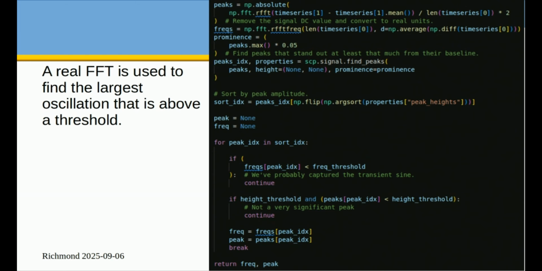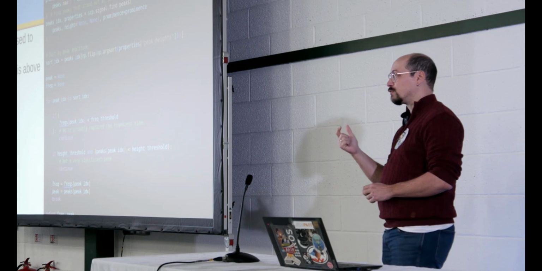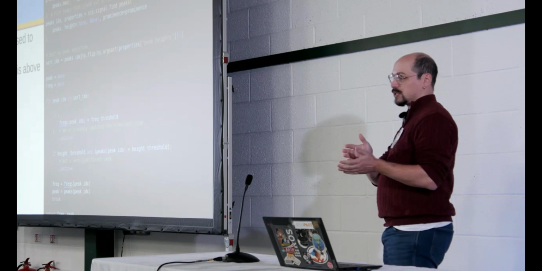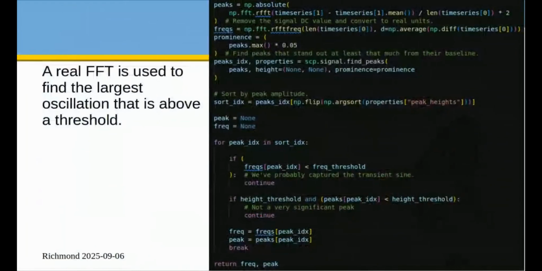On the amplitude side: don't show me too small oscillations. It doesn't make sense to detect an oscillation in pitch of 0.1 degree. And don't show me too slow an oscillation. I think I put the threshold around a fifth of a hertz or something like that. Basically, don't show me transient responses, don't show me their frequency. I want to see sustained oscillations.